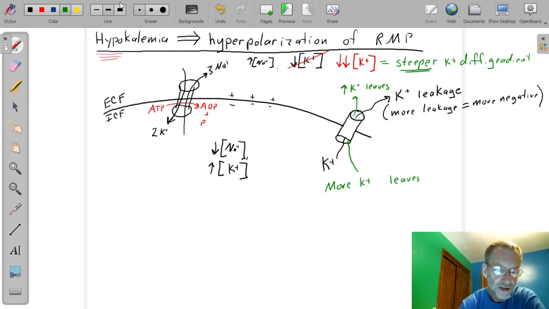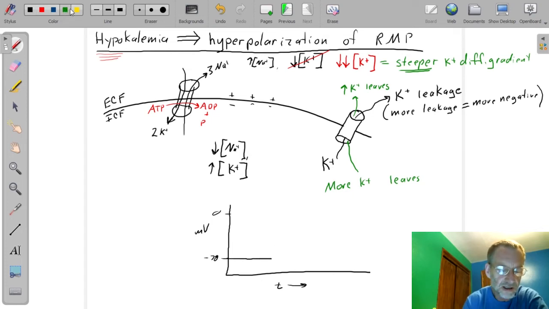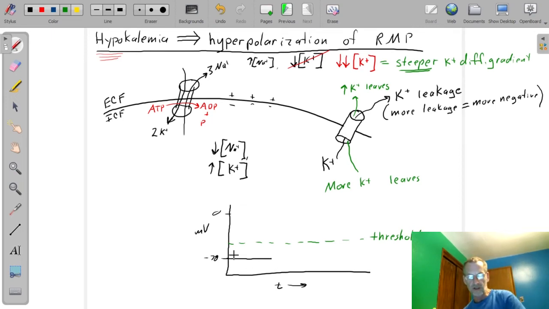So how does that affect the RMP? So here was our RMP. Here's minus 70 again. 0 millivolts, time. And we're sitting here. And let's remember that we have a threshold level in here somewhere. Maybe it's minus 50, whatever. And we have hypokalemia.